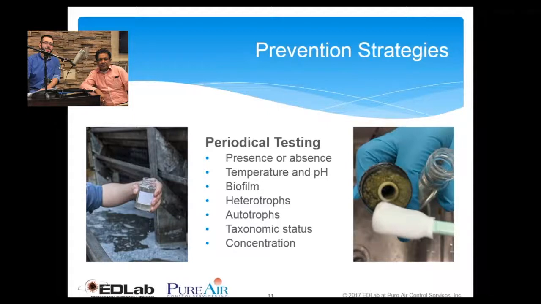Biofilm and heterotroph organisms are supportive and surrogate indicators of whether Legionella is more prone in that environment or not. Autotroph organisms and taxonomic status matter too: if you have Legionella or other bacteria, what species or genus is that? That is an additional help in ascertaining whether disease-causing organisms are there or not, and if they are there, what their concentration is. So these are the very important strategies so far as testing is concerned.